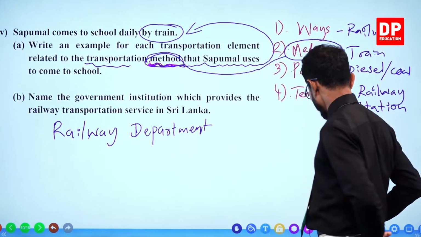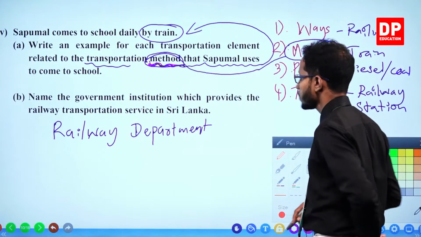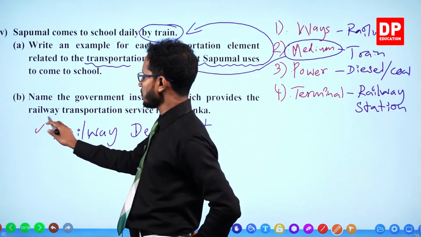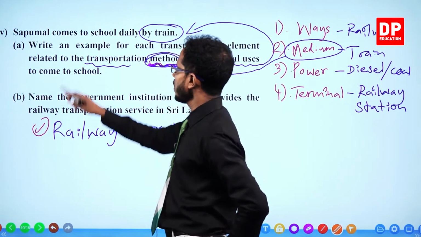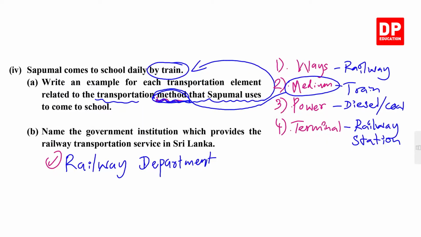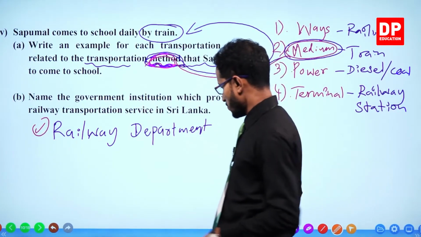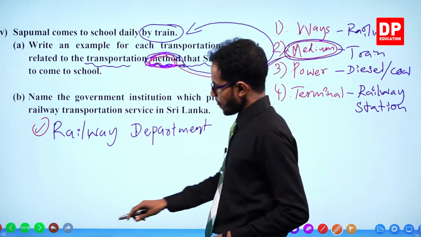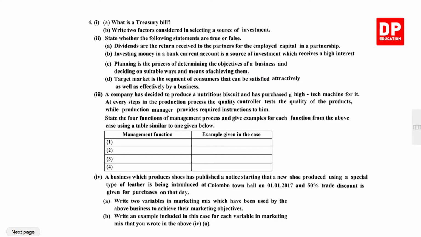That's it. So we have A, B both completed. This is what? Method. Yeah. We are done with the third question, children. Moving on to the fourth one.